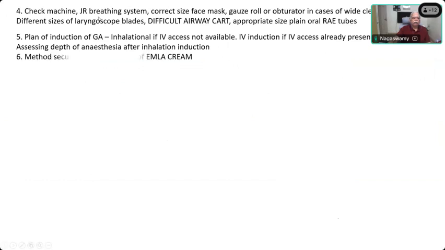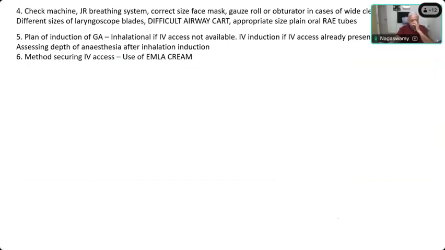Okay, right, then methods of securing IV access, use of EMLA cream. Questions may be asked on EMLA cream. What is EMLA cream? Eutectic mixture of local anesthetics, prilocaine and lignocaine, 2.5% each. Okay. So how do you apply that?